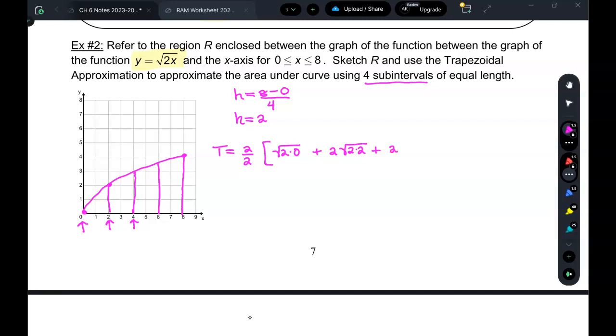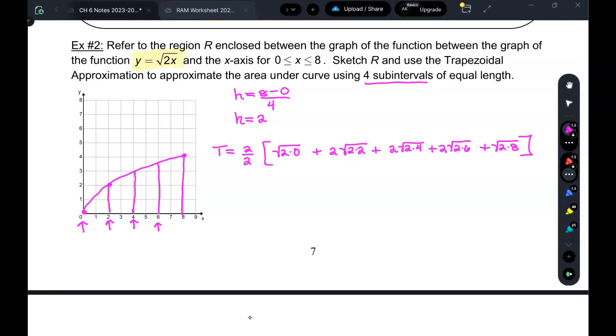So it's going to be 2 square root 2 times 4, plus 2 times square root of 2 times 6, plus just square root of 2 times 8. Just once, right? Because the first and the last are used one time. All the ones in the middle are used twice.